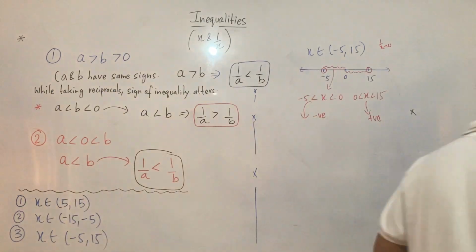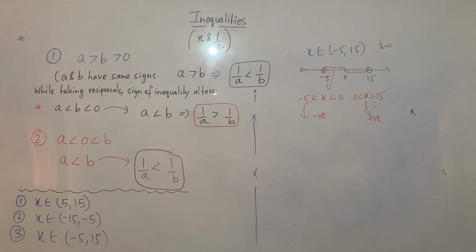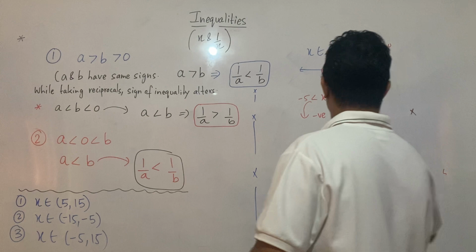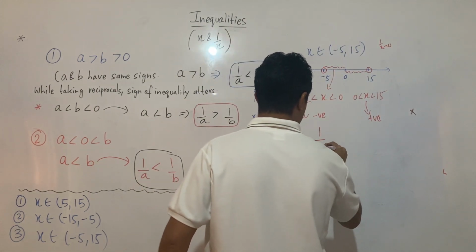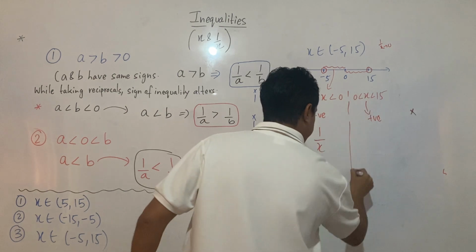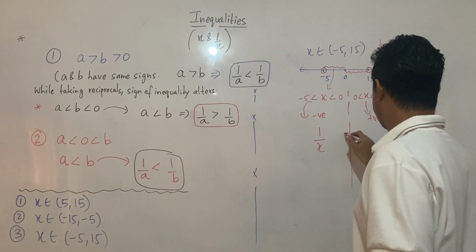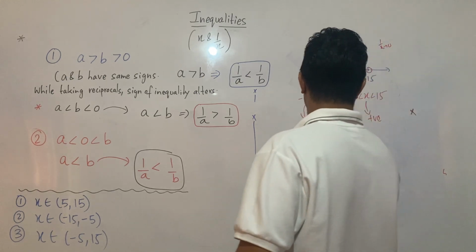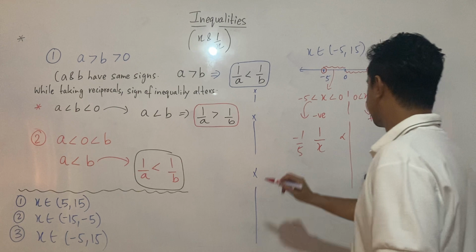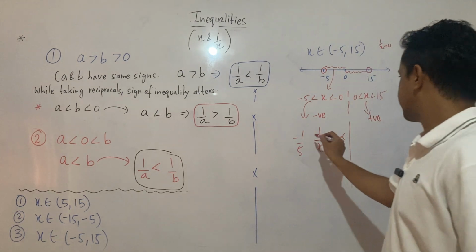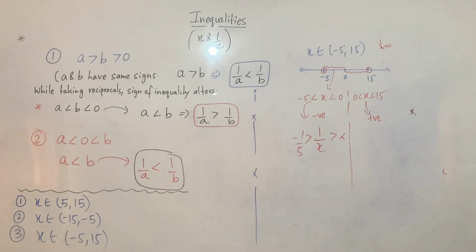Understand? So what I can write here: if I do the reciprocal, 1 over x for this side, this thing is going to be infinity. So here, minus 1 over 5, right?